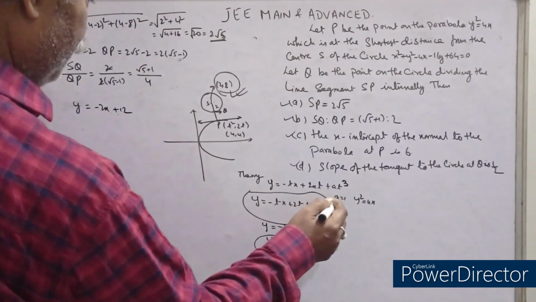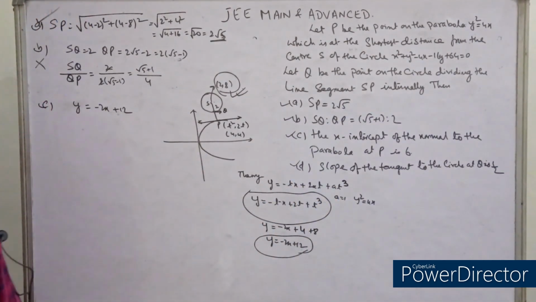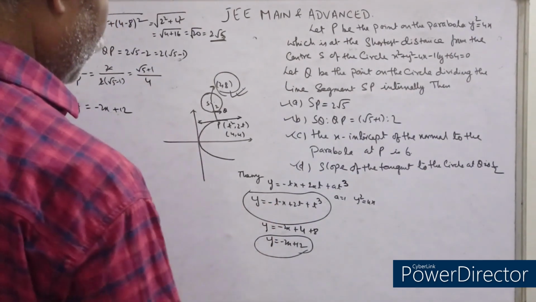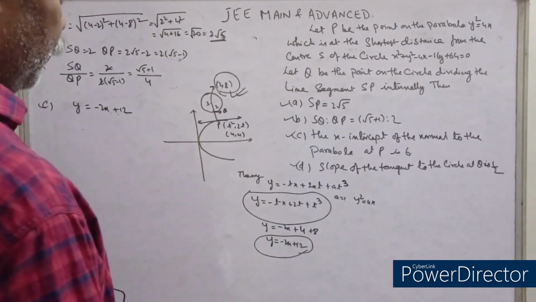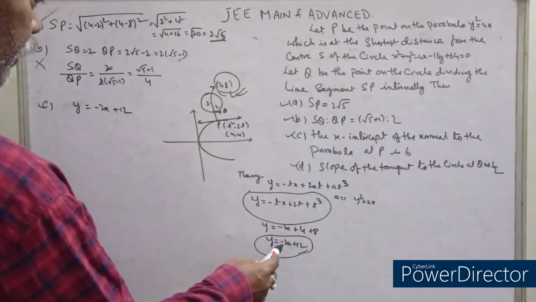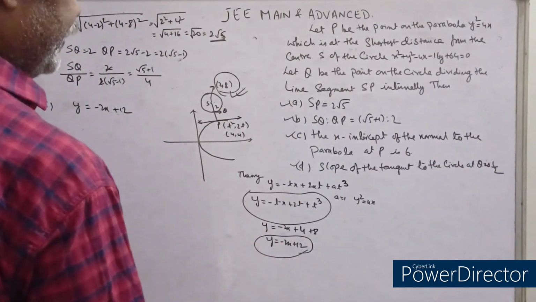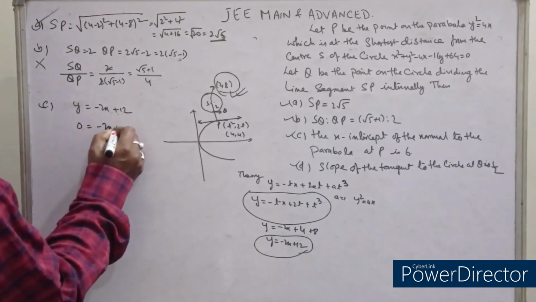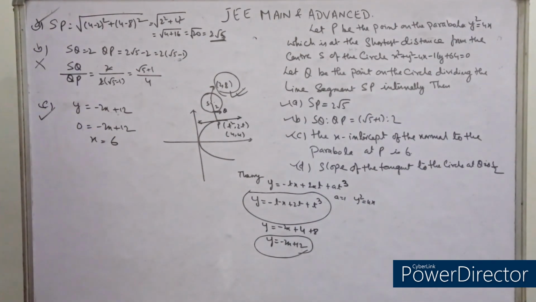When I place the value t equal to 2, which I calculated earlier, I got y equals minus 2x plus 12. So here for the x-intercept, y is 0. So 0 is equal to minus 2x plus 12. So x comes out to be 6. So your option C is correct.